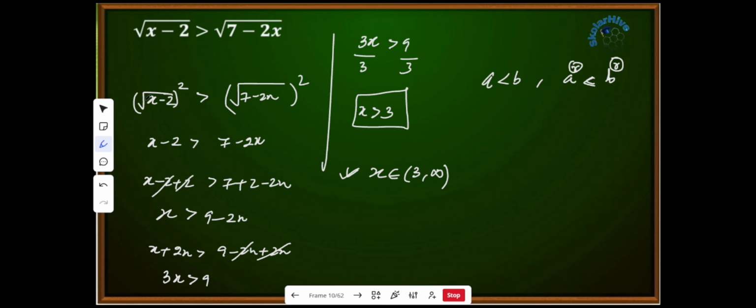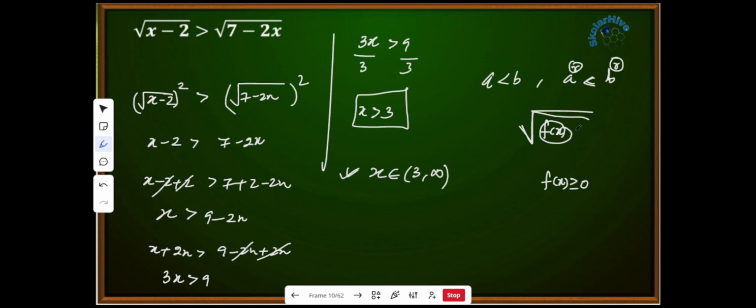So domain means the values of the variable for which the particular expression is defined. A square root of any function f(x) will be defined if the value of f(x) is either 0 or greater than 0.